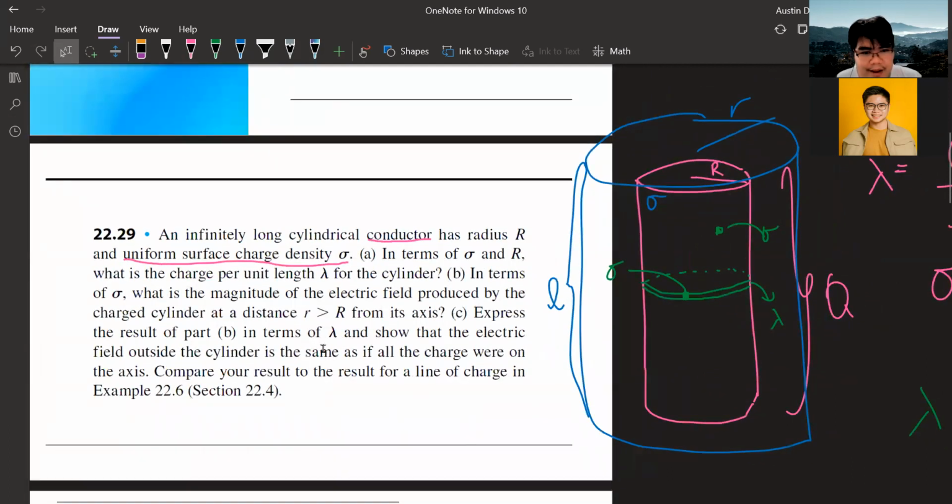Okay, next. Express your result of part B in terms of lambda, and show that the electric field outside the cylinder is the same as if all the charge were on the axis.